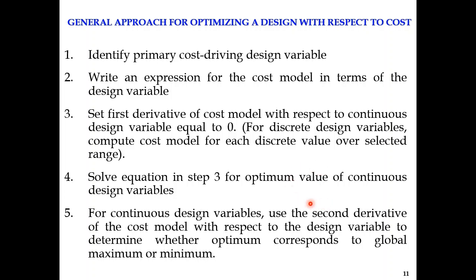In order to understand it, we need to take the second derivative and see if it is, for example, less than 0, then we will say that the function is concave and we just found the maximum value. Otherwise, if the second derivative is greater than 0, it means that the function is convex and we found the minimum value. Okay, so this is the general approach for optimizing a design with respect to cost.